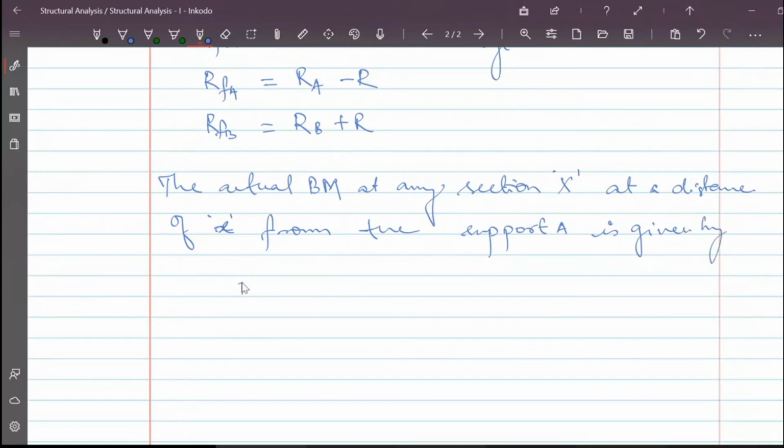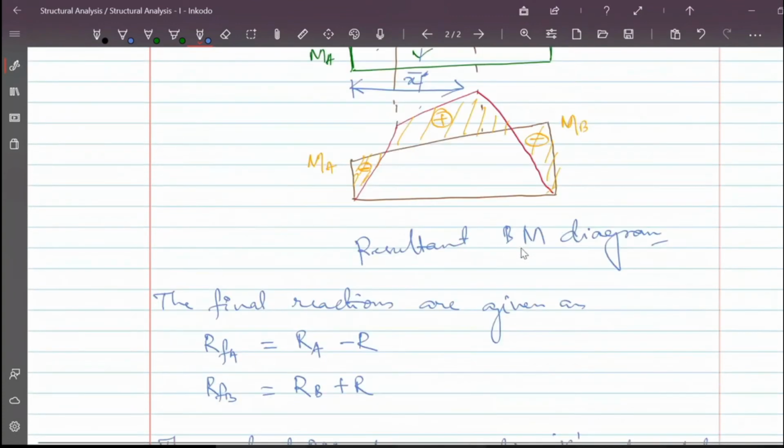EI into d square y by dx square equals Mx minus Mx dash. Now what is this Mx?